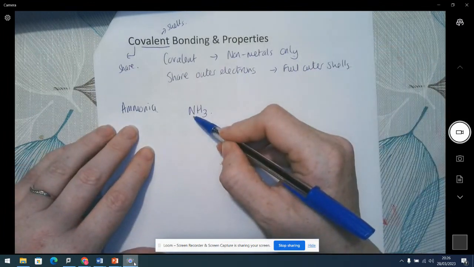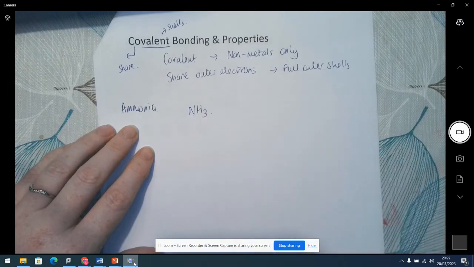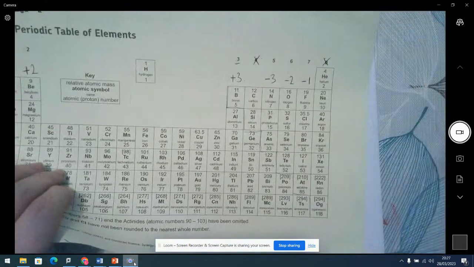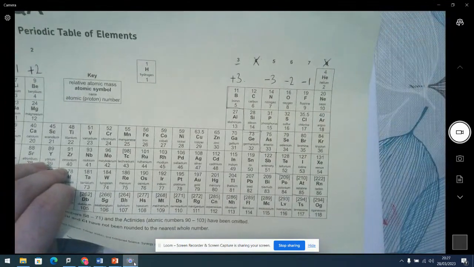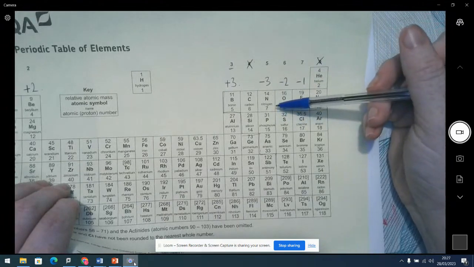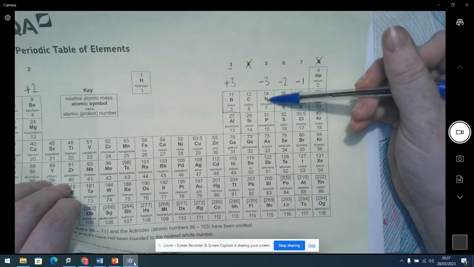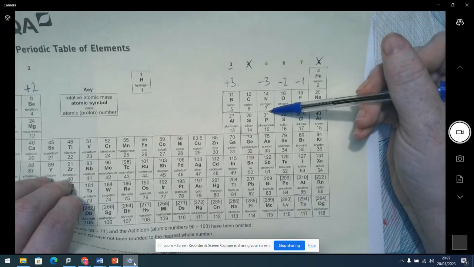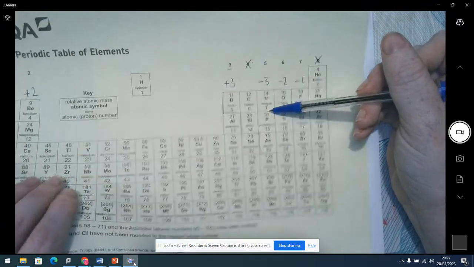So I'm going to start off with drawing my nitrogen atom. Again, I want to go to my periodic table, and you will see in the video Fundamentals of Chemistry Part 2, we talked about drawing the structure of atoms. So here's nitrogen. I'm going to draw nitrogen in terms of its electron structure.